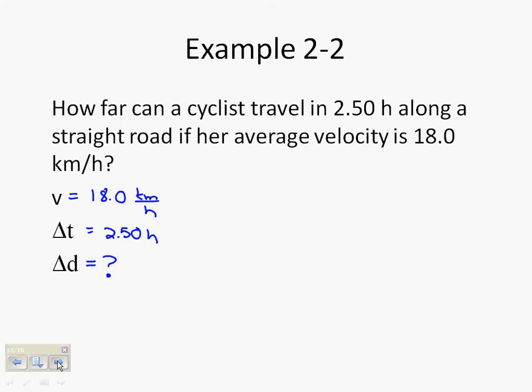Our basic equation, average velocity, and I'm going to leave off the little bar showing me that it's average, is delta d over delta t. In physics, we want to rearrange our equation before we solve for it. So we want to solve for delta d. So I'm going to bring the delta t over by the v.